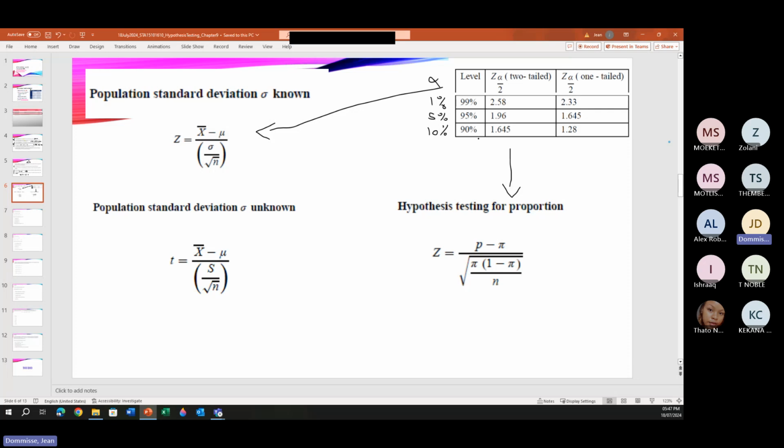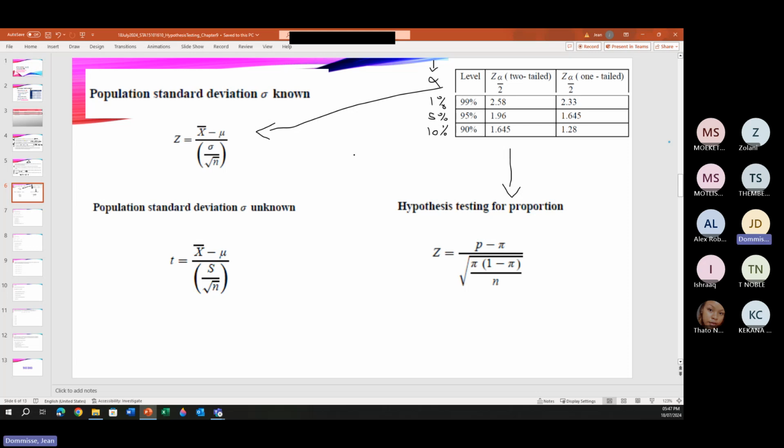Again, they will not ask you in the exam to work out where alpha is 3% or 6% or 7% or something like that. It is the standard three that we will work with. So 1%, 5%, and 10%.